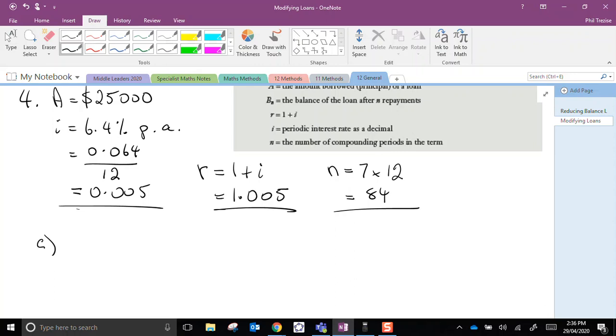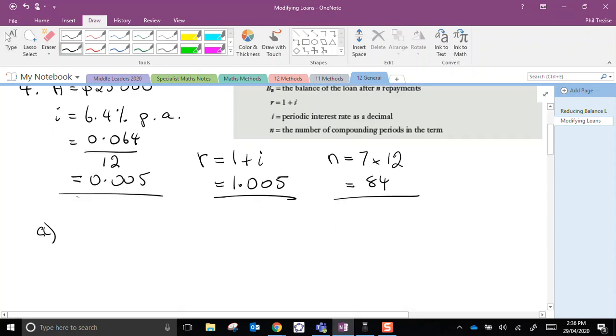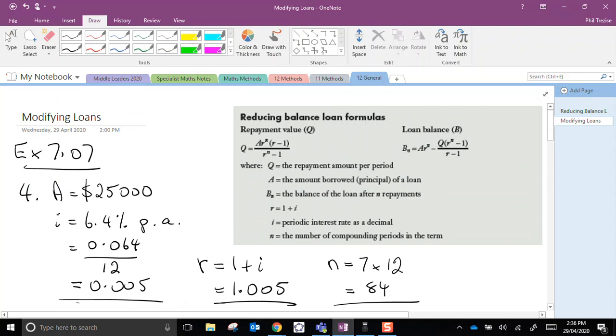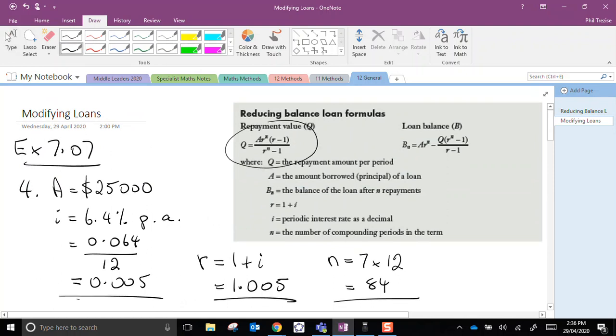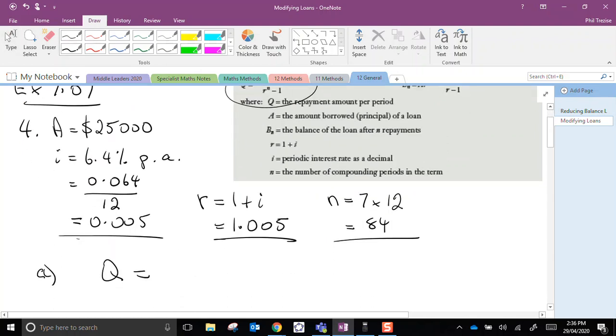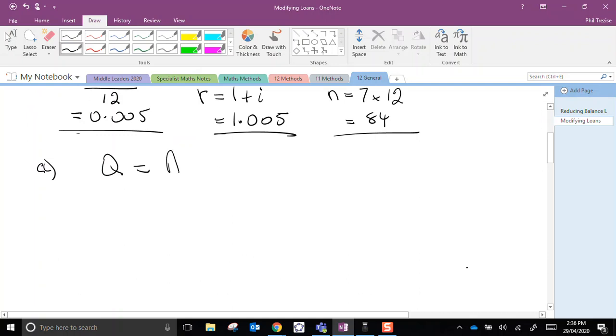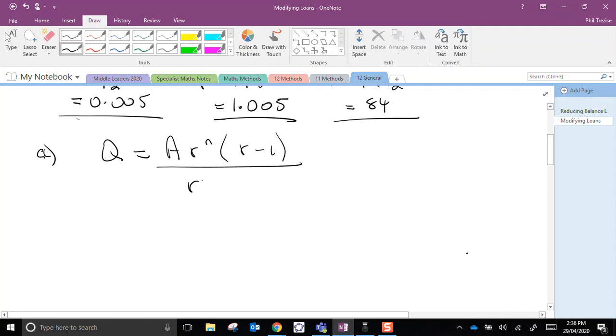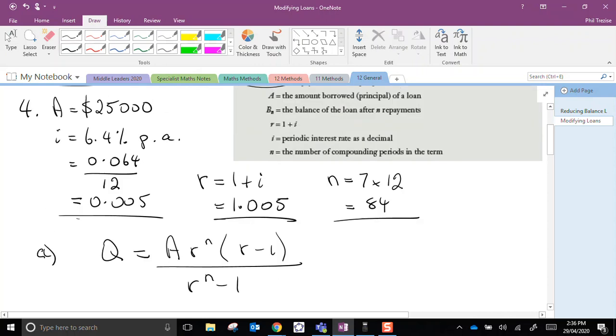And our first question is, what is the monthly payment? So the monthly payment is given by, let's check our formula, AR to the N, R minus 1 over R to the N minus 1.